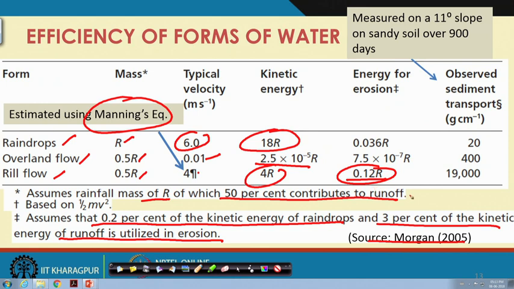As a result, the observed sediment transport in grams per centimeter is much higher in the rain flow erosion, followed by overland flow and lastly by raindrops. So, that is the data based on the experiments conducted in sandy soil over 900 dredge.